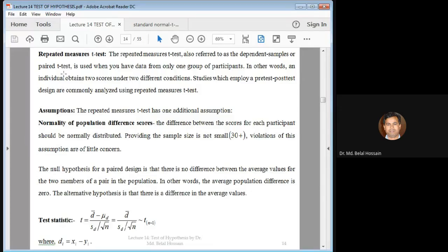That is, pair t-test is used when you have data from one group of participants. In other words, an individual obtains two scores under two different conditions. Studies which employ a pre-test, post-test design are commonly analyzed using repeated measures t-test.